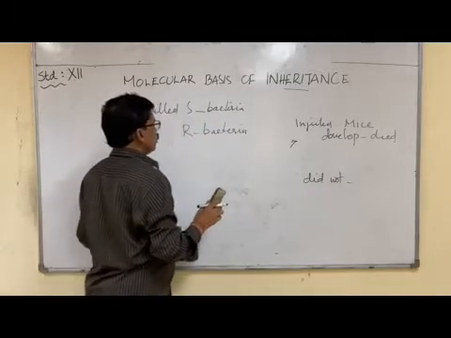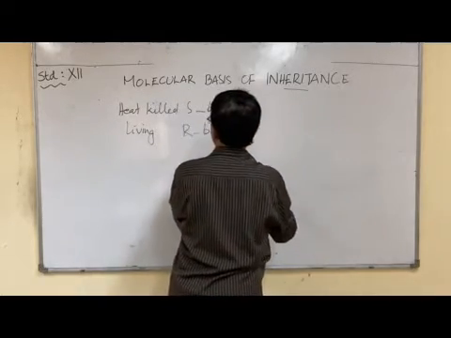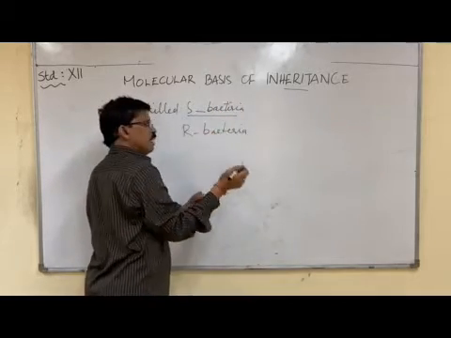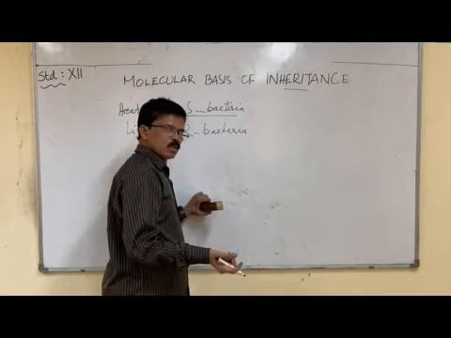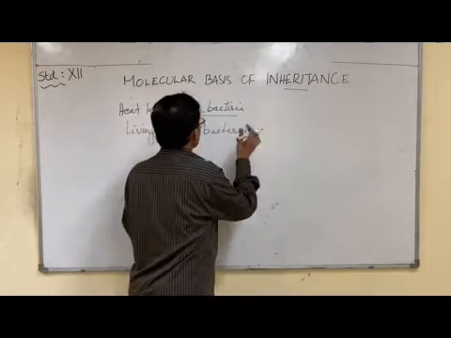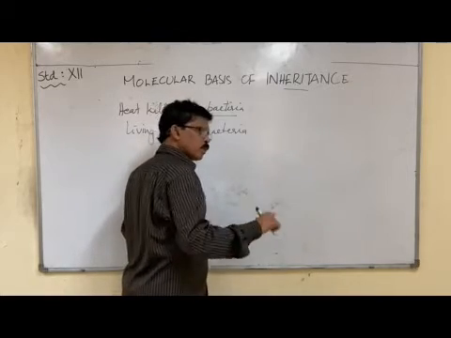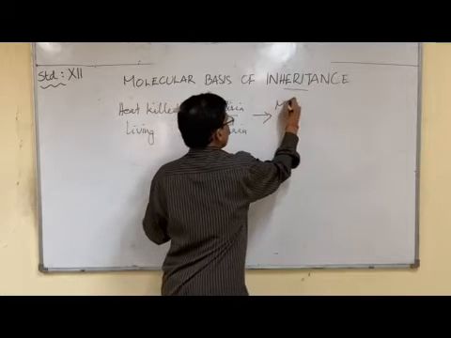What happens? By common sense, we can understand that the S bacteria which cause pneumonia are heat killed, and the R strain does not cause pneumonia. So we thought it would not develop pneumonia. But to his surprise, the mice developed pneumonia and died.